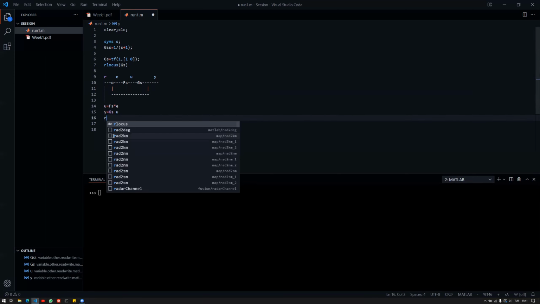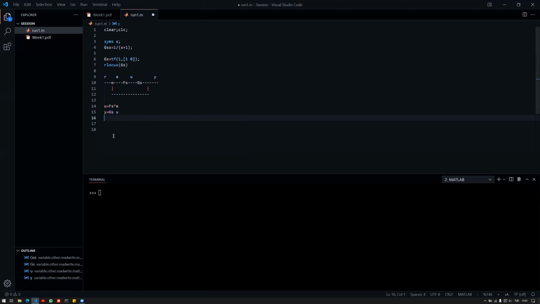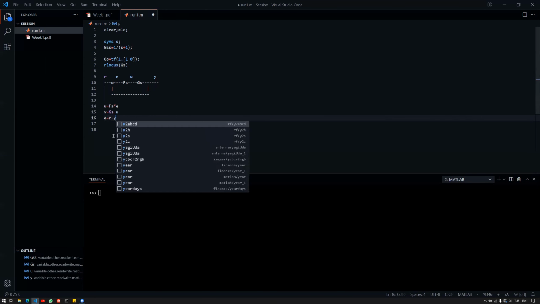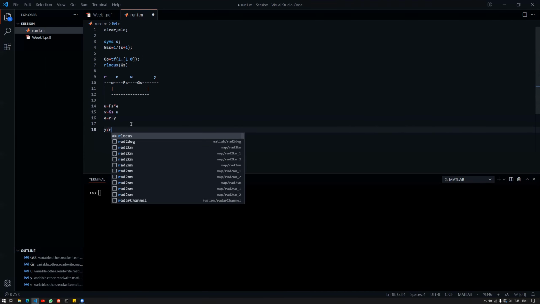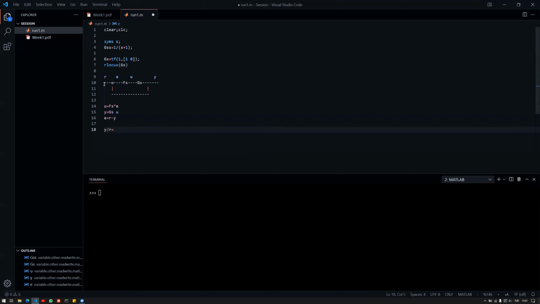And then we have E is equal to R minus Y. Now the goal here is to find a relation between Y and R. Since the input is R and the output is Y, the relation between them is basically our closed loop transfer function. So you can use these here and try to come up with this relation.